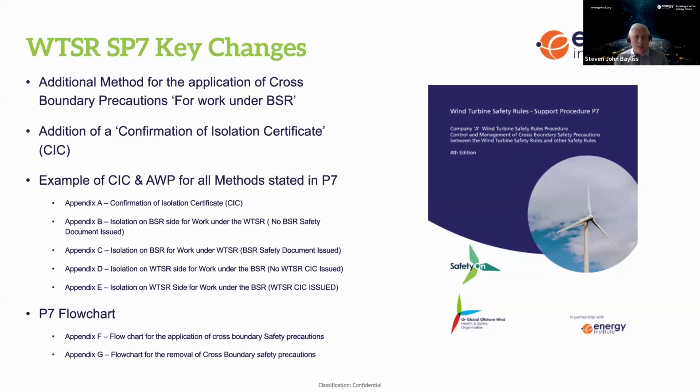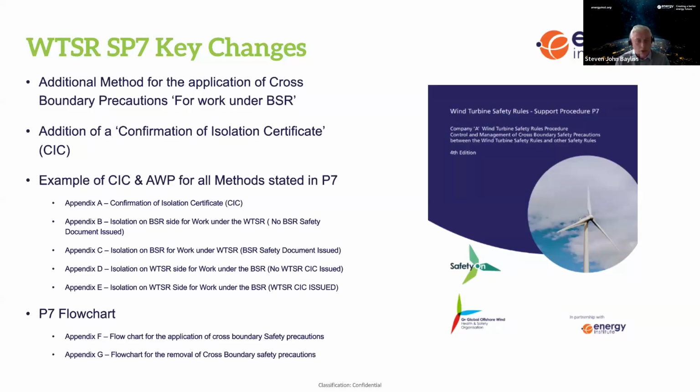There's also an Appendix C, which again is an example of an AWP for isolation on the boundary safety rules for work under WTSR. In this scenario, the boundary safety rules safety documents would be issued, and it would be for work under WTSR when on a boundary break, as I mentioned before.